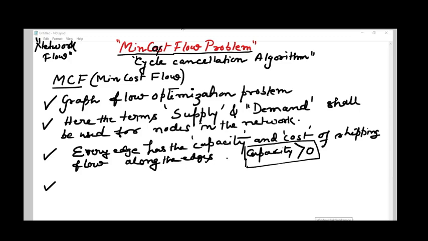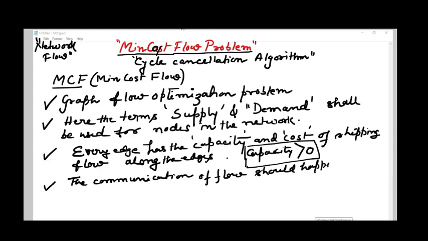Fourth thing is, the flow should happen from supply to demand.